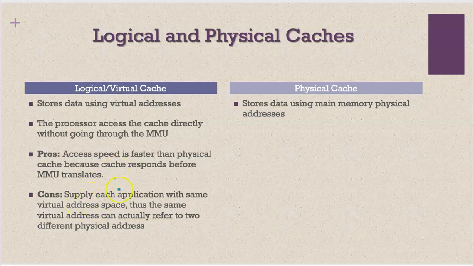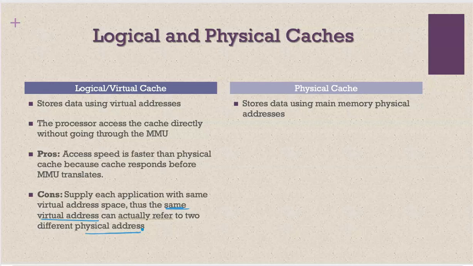However, the cons would be that the programs supply each application with the same virtual address space. Thus, the same virtual address can actually refer to two different physical addresses.